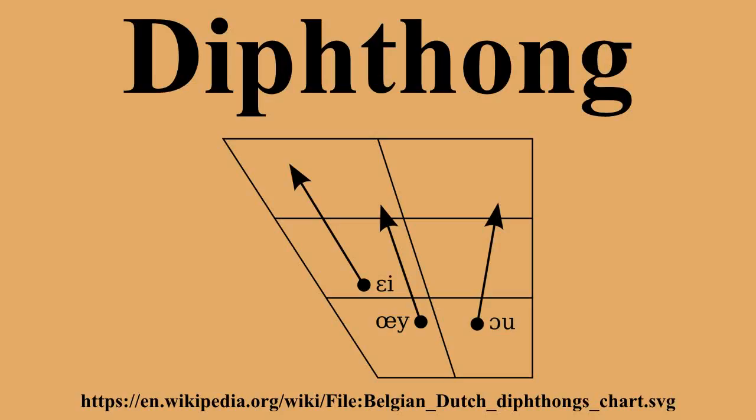Transcription. In the International Phonetic Alphabet, monophthongs are transcribed with one symbol, as in English sun, in which the vowel represents a monophthong. Diphthongs are transcribed with two symbols, as in English highway, in which the two symbols represent diphthongs. Diphthongs may be transcribed with two vowel symbols, or with a vowel symbol and a semi-vowel symbol.